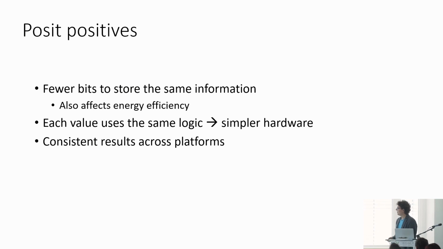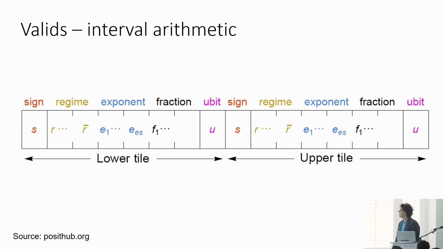And with posits, each way uses the same logic. So if we implement them in hardware, we can make simpler hardware, less silicon, cheaper, faster, and it can also be more energy efficient because of that. And it's very important that you get consistent results across platforms and with parallelization. There is an interval arithmetic counterpart to posits, which are valids.